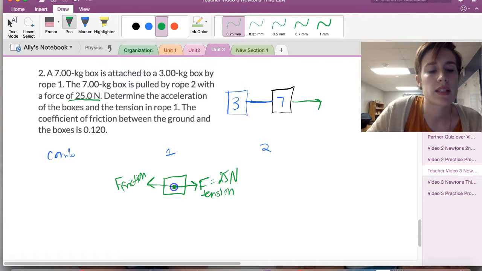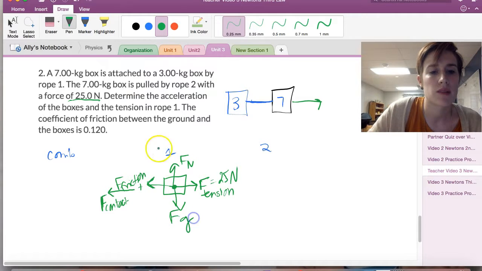We also know that it's attached to the box, so there's another force this direction. Okay, it's being attached to this box, so it's got the force of the contact with that rope pulling it this direction. And then we have normal force going up, and then we have gravitational force coming down.